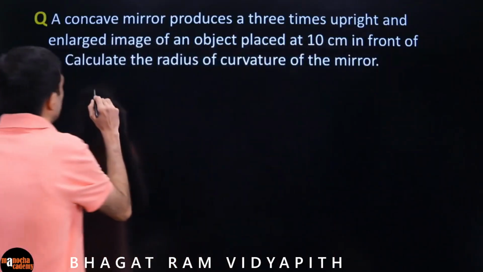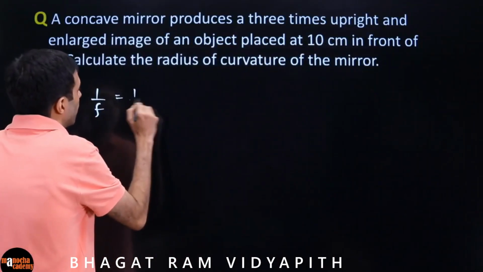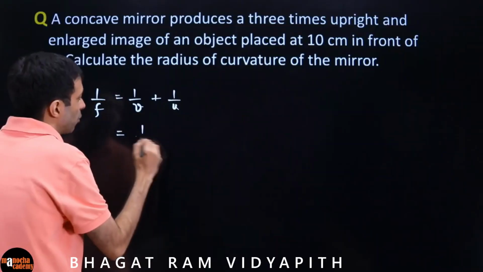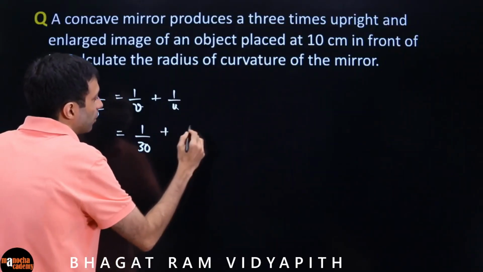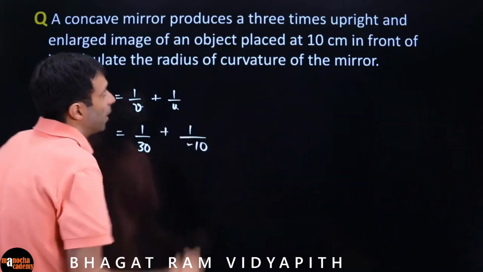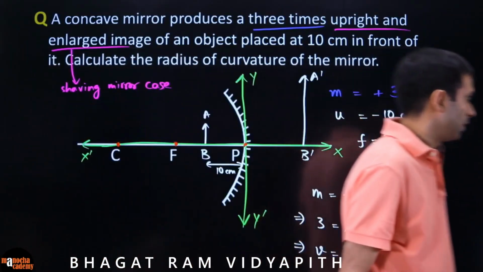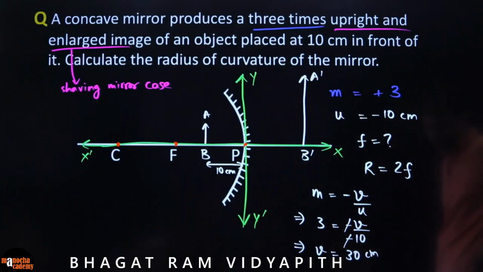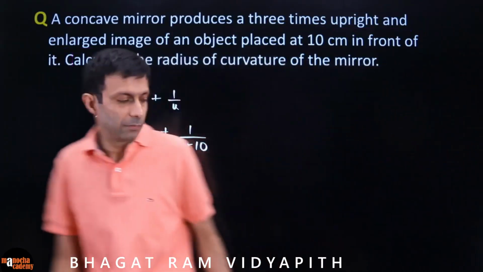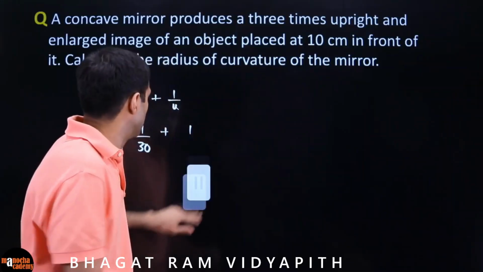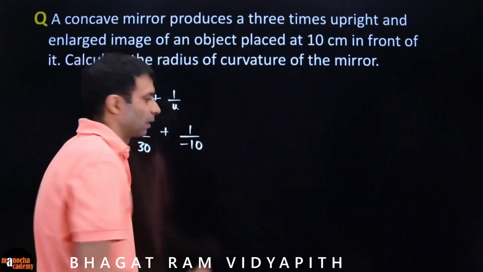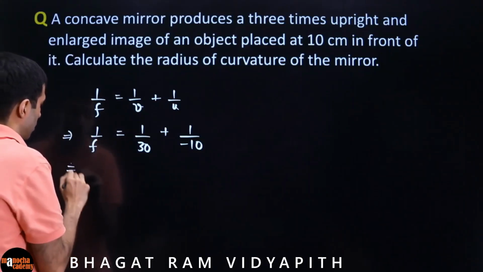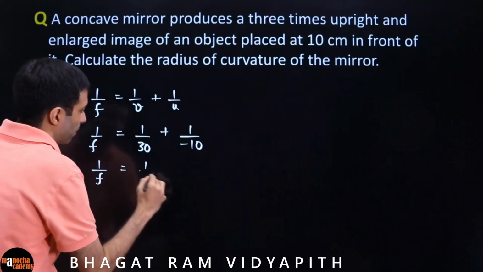So using mirror formula, 1 by f is 1 by v plus 1 by u. The image distance we found was 1 by 30, and the object distance is -10, right? See, very important to use the correct sign. -10, this one is positive. So just go ahead and solve this equation. Just solve for f. So 1 by f is basically going to be 1 by 30.